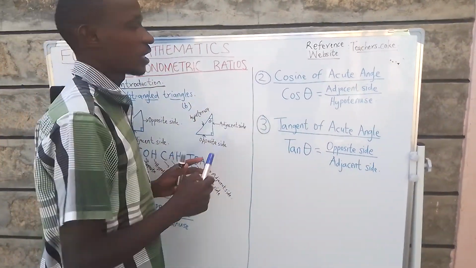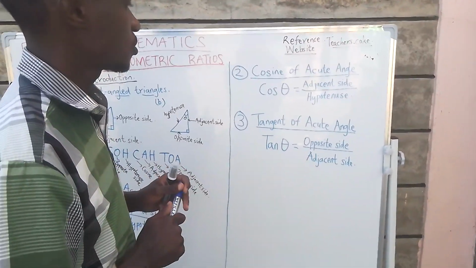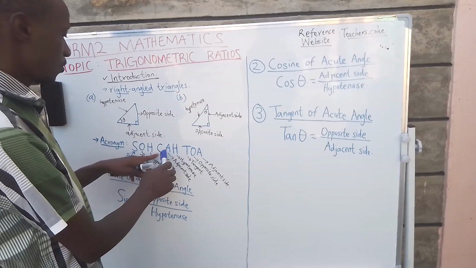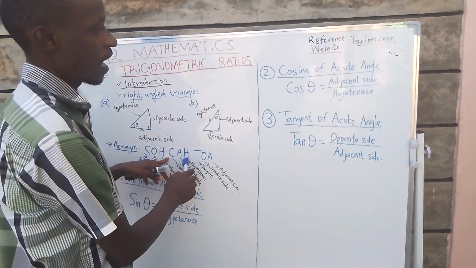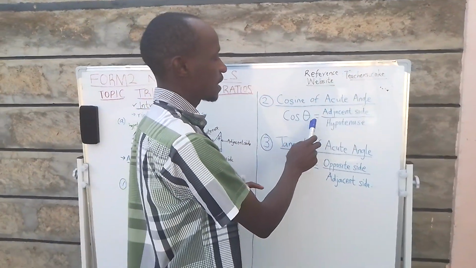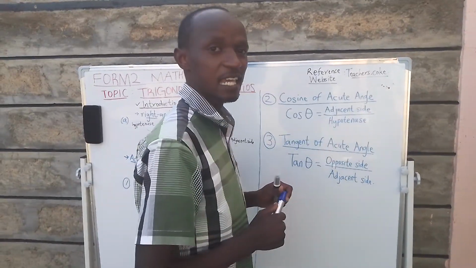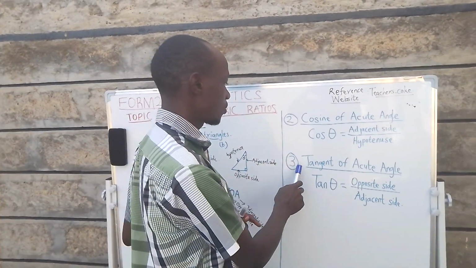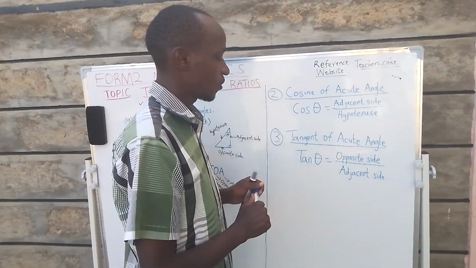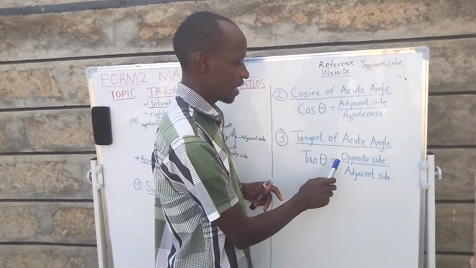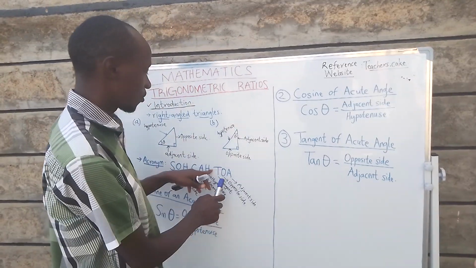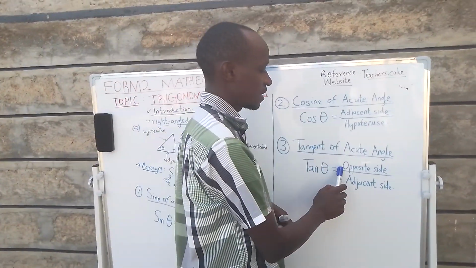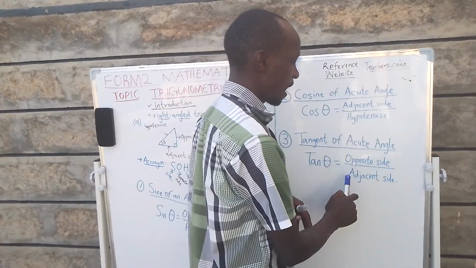For the cosine of an acute angle, cos theta is adjacent over hypotenuse. And for the tangent of an acute angle, using our acronym, tan theta is equal to opposite over adjacent side.